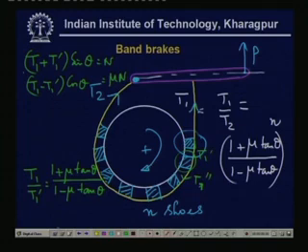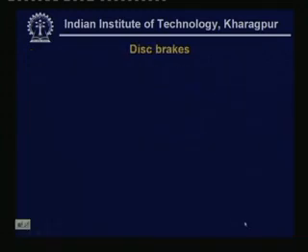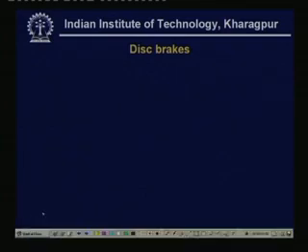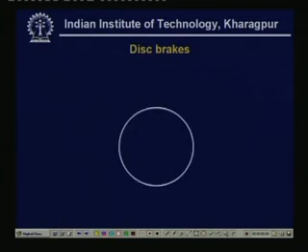Now, we come to a different kind of brake, which is known as the disc brake. The disc brake, as the name suggests, here the brake is a disc type, that is unlike the drum.